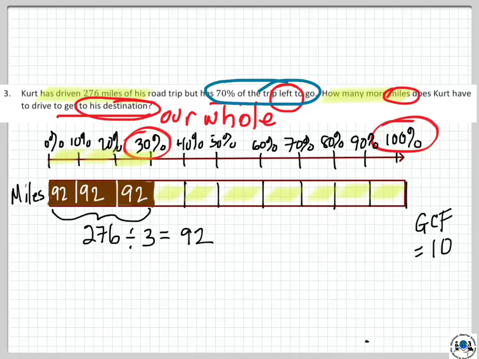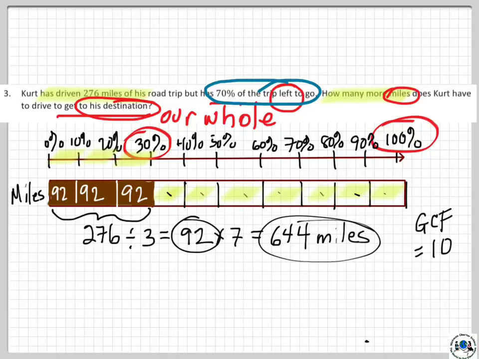Now we have 7 segments left. Each one of those segments is going to be worth the same 92 miles. Therefore, all we have to do is multiply 92 times 7, because there are 7 there to fill in, and what we come up with is 644 miles.